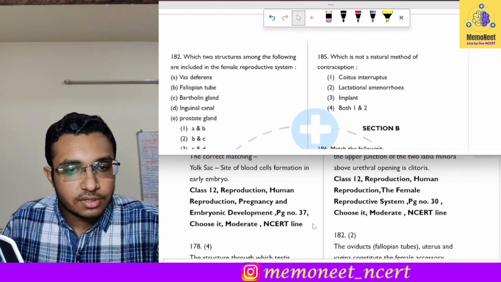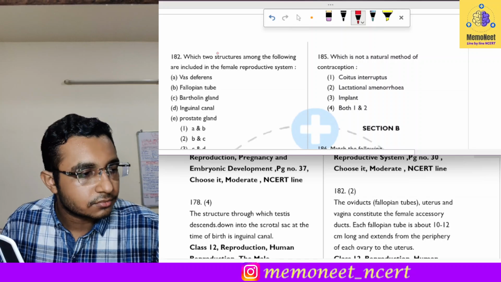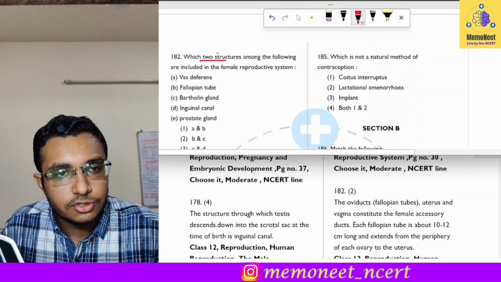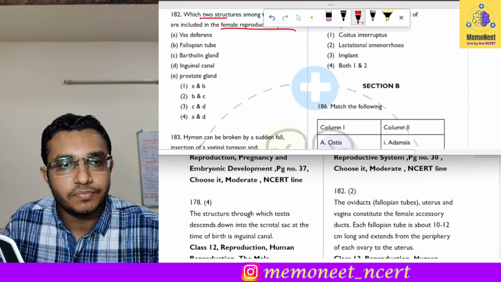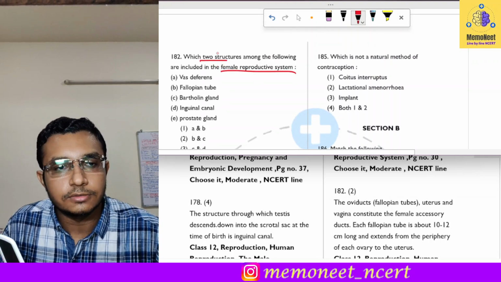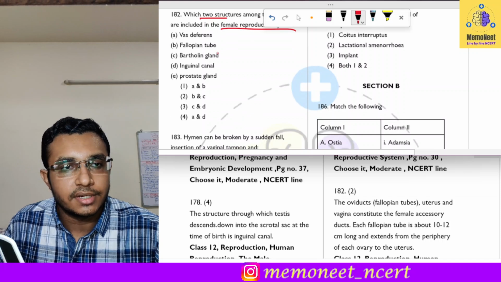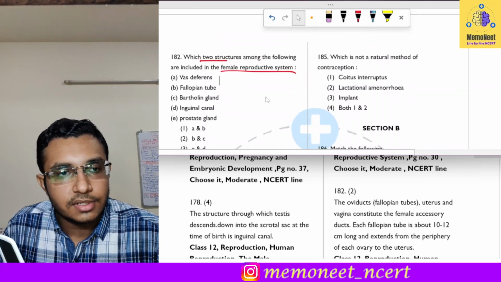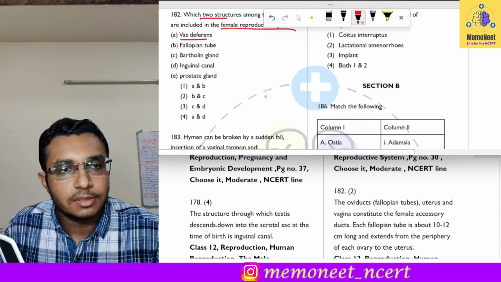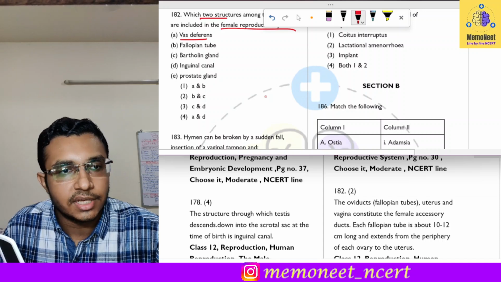The next question is question number 182. So it states that which two structures among the following are included in the female reproductive system. So we have to find the structures of the female reproductive system. So let us see one by one. Okay, the first one is vas deferens. So vas deferens is a part of male reproductive system, so that is incorrect.